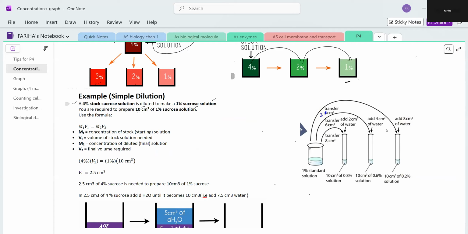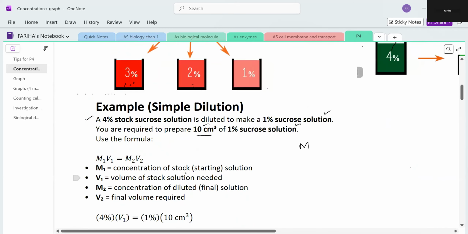In order to solve simple dilution questions, we are going to use the formula M1V1 = M2V2. Now, what is M1? M1 is the concentration of stock solution. In this question, the 4% sucrose is the stock solution.